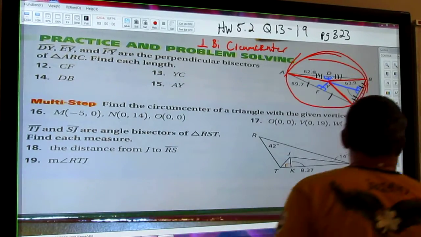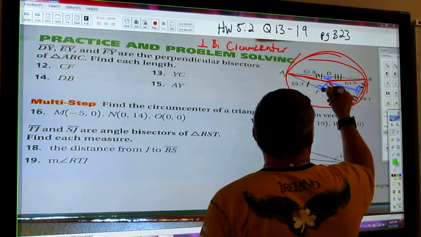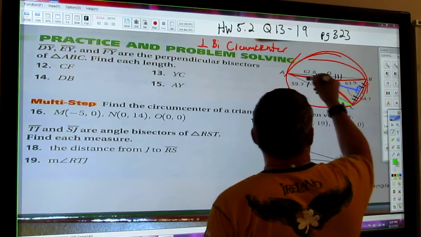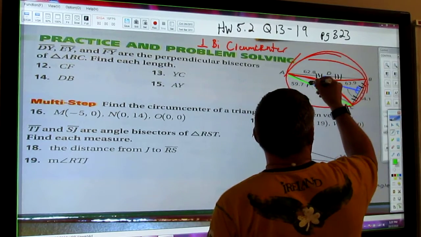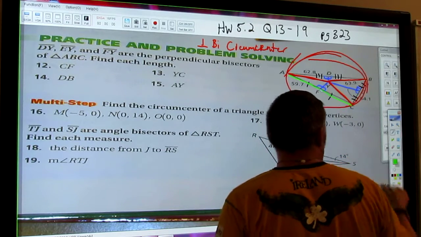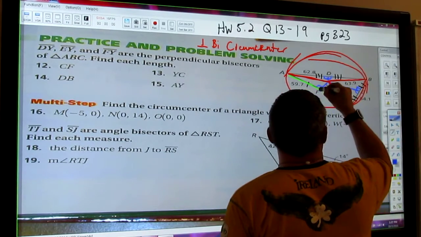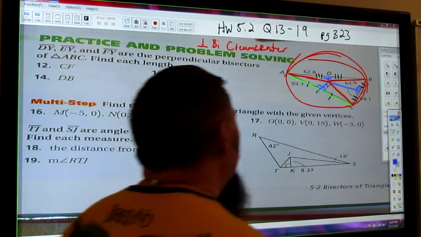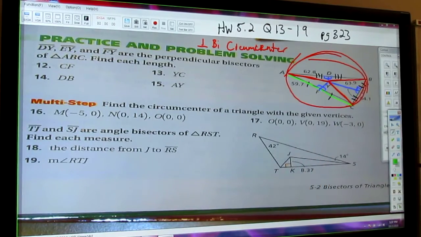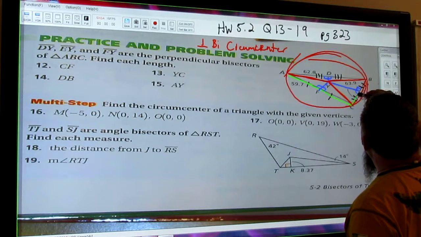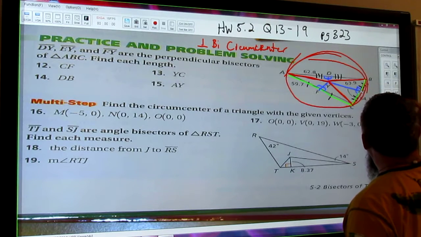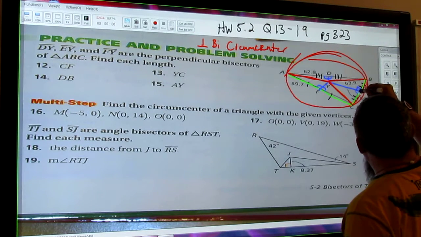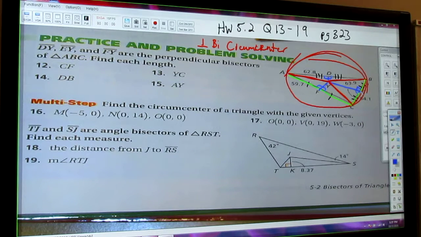Now, these green ones, this is congruent to this, right? With the blue in between it. Does that make sense? And the same thing over here, if we wanted to. This would be congruent to this, except you have the blue in between it. Does that make sense?